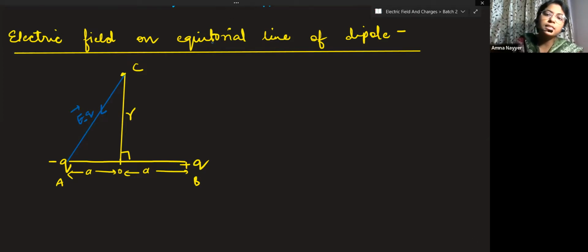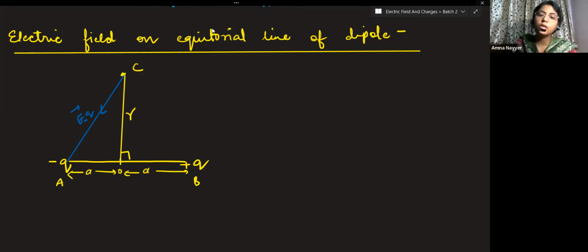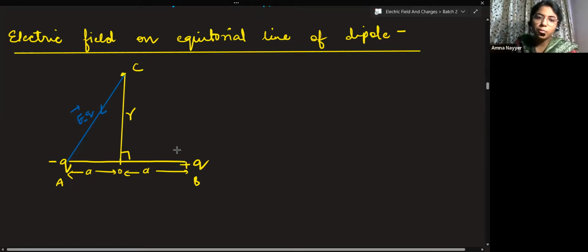Now E plus Q, what will be the direction of electric field because of the positive charge? Because of the positive charge, it will move away from the charge, in this manner. Here we were moving towards the charge. Is the direction clear?